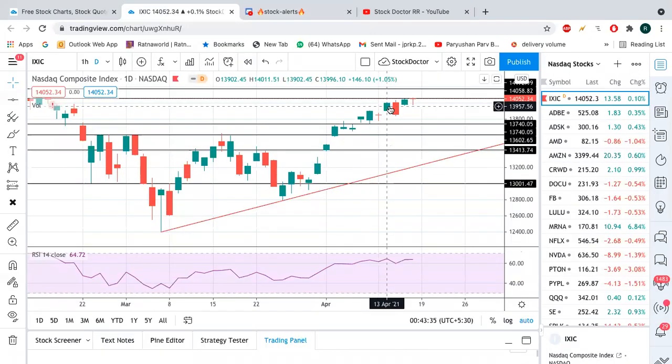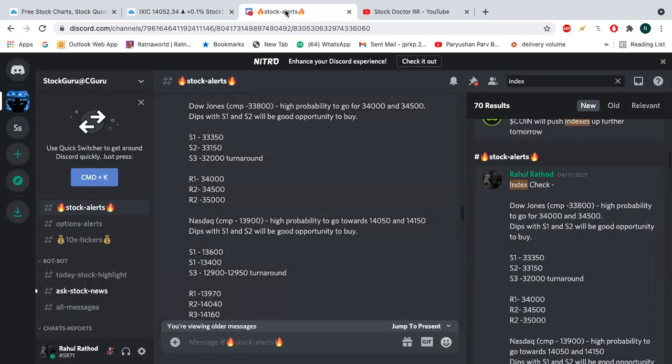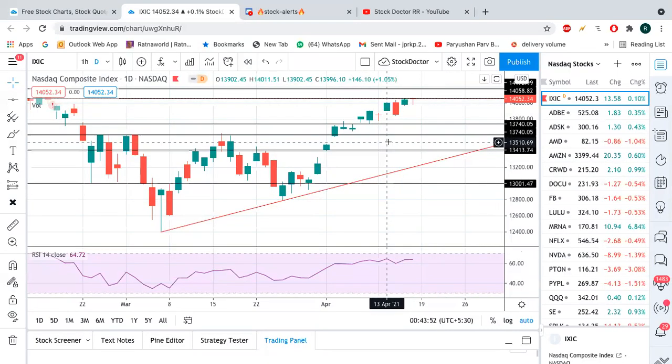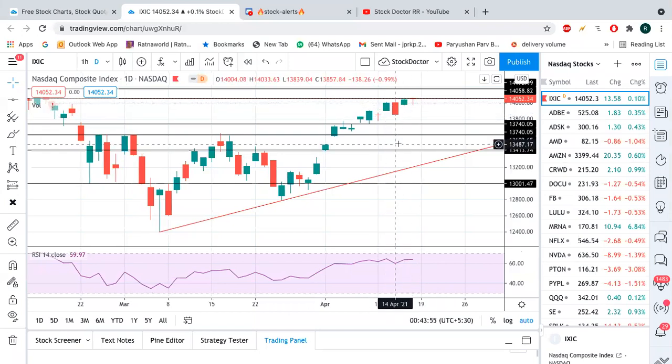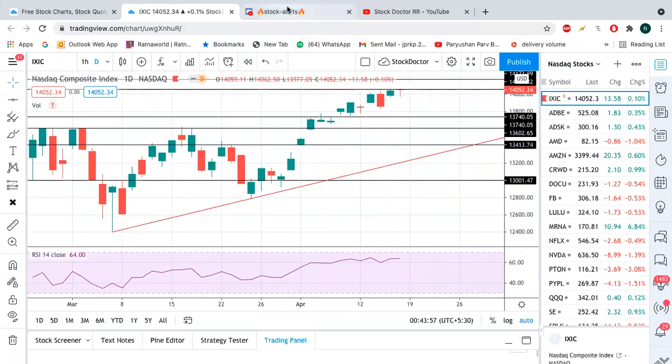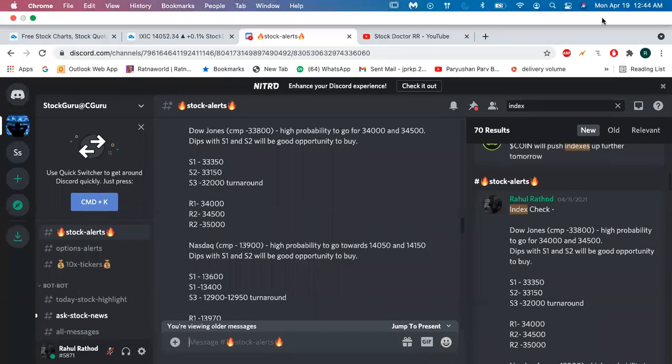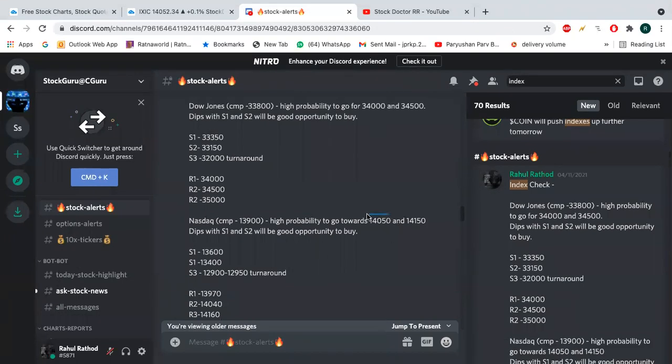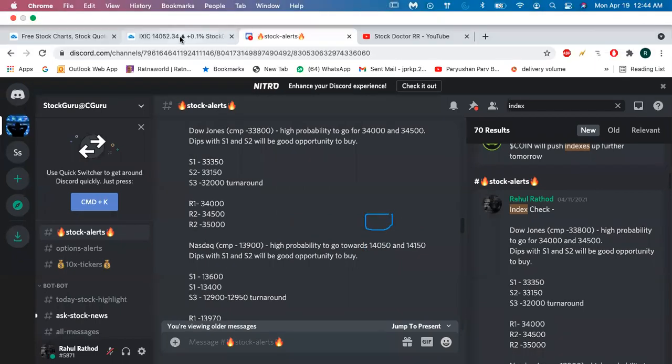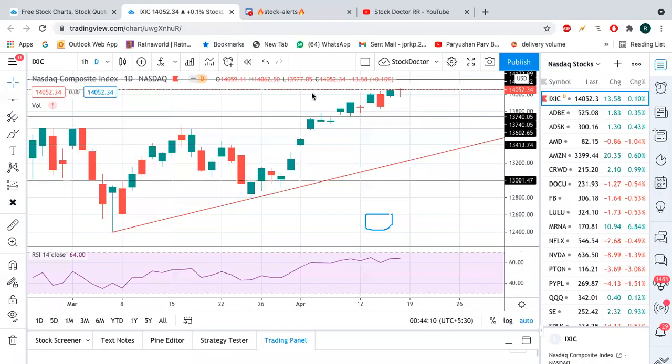If you see here, in this entire week, Nasdaq opened at 13,850, made a low of 13,783, and then it closed at the first target which we mentioned on the Discord, that was 14,050. So let's see where this index will go this week.